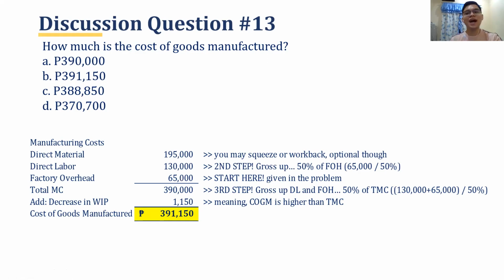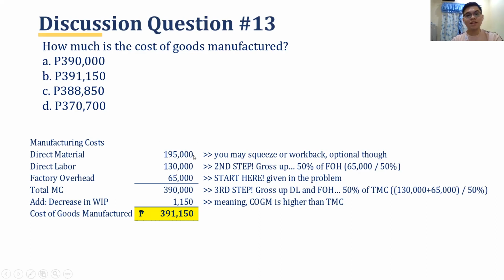Sabi din doon that the combined direct labor and factory overhead is 50% of your total manufacturing cost. So third step, yung i-gross up mo na naman is yung pinagsamang direct labor and factory overhead. So that's 130 plus 65,000. Divide mo lang siya ulit by 50% gross up. So that's 390.